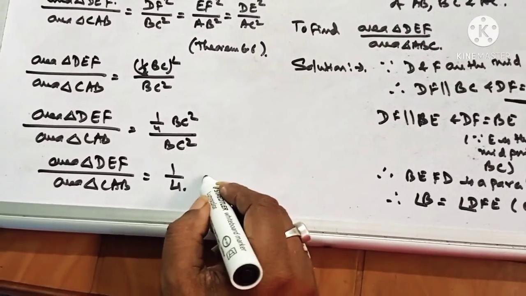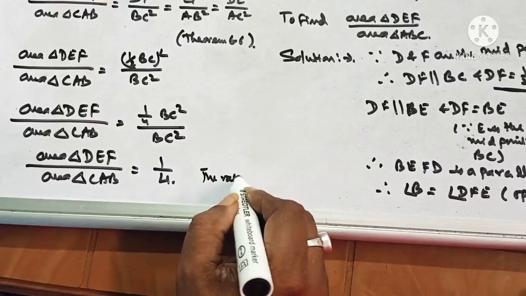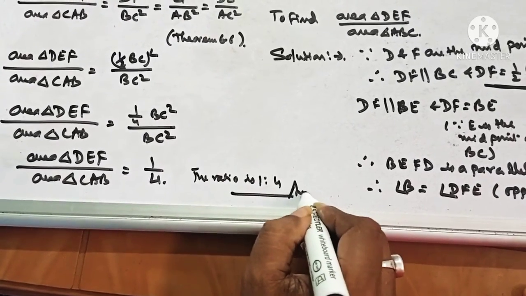So the ratio is 1 is to 4. This is your answer.